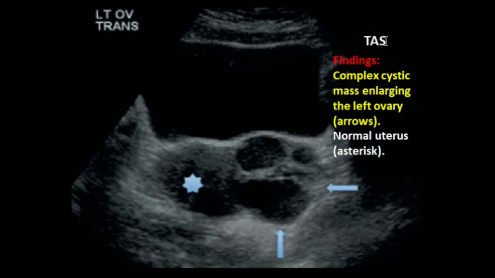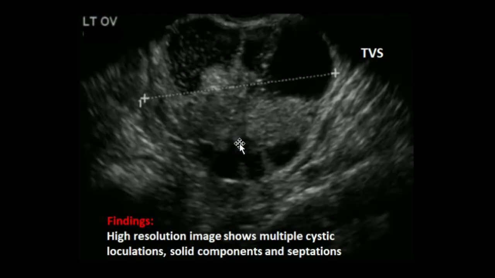This is a transabdominal image, which shows an enlarged ovary with complex cystic formations. This is the uterus, and this one is the urinary bladder. This is a transvaginal image.